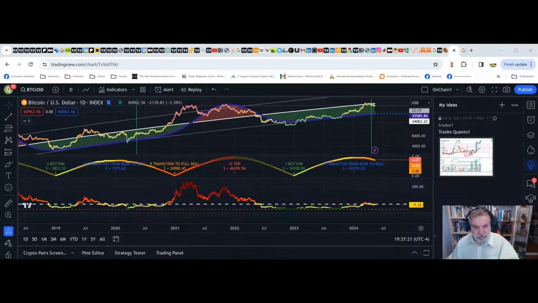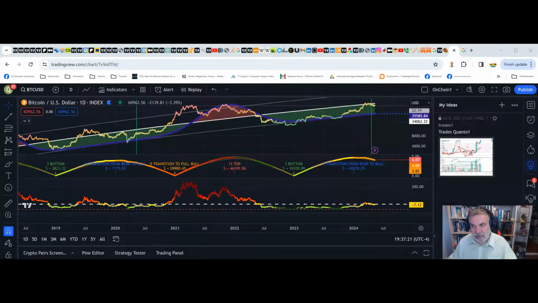Basically, we're going to use some of the indicators that we are developing, all based on the power law. I want to show how to get an analysis or an understanding of the current market. We will do this on a weekly basis, trying to make some predictions, or at least get some understanding of where we are in the market at a particular time, and also explain how to use these indicators.